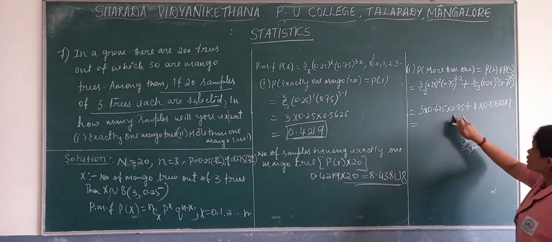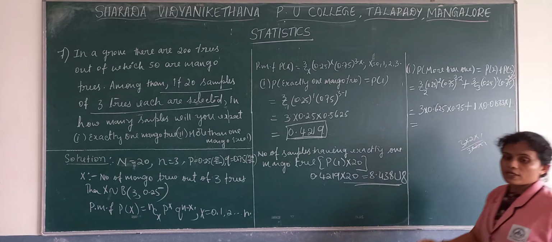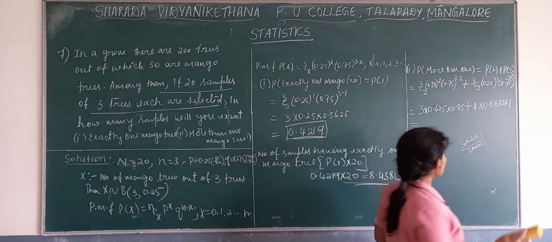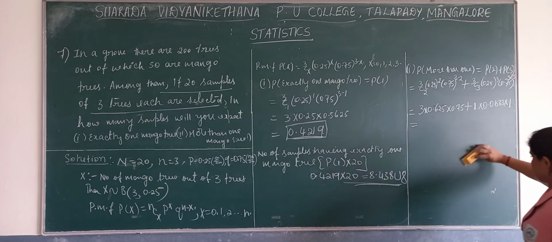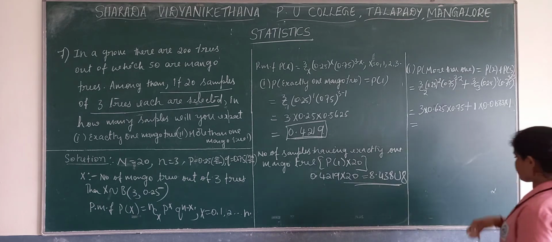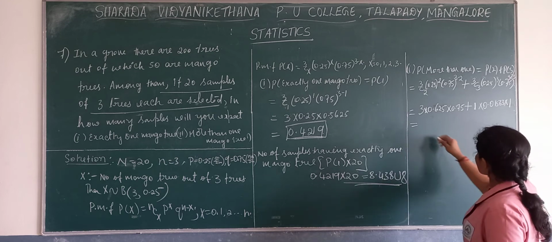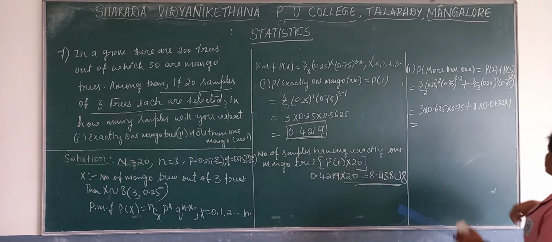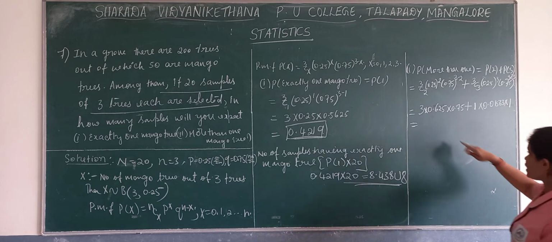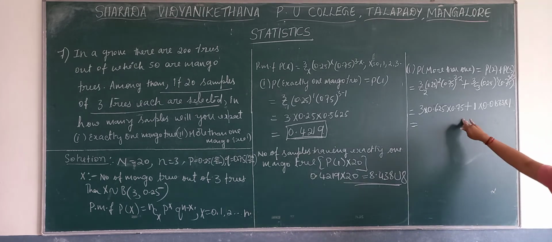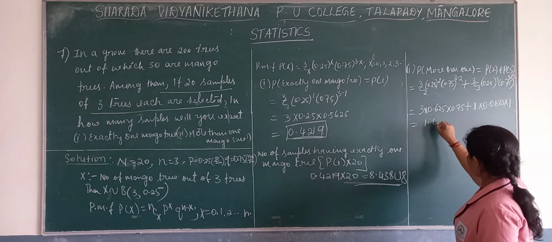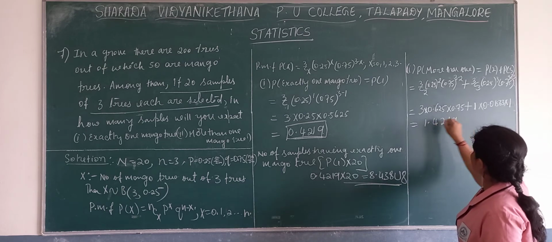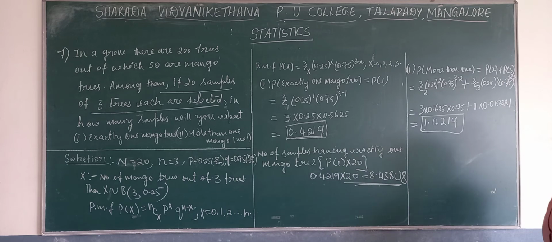Now multiply these and multiply these, and then we need to add them. When we multiply this and this, then we add, we get the answer as 1.4219.